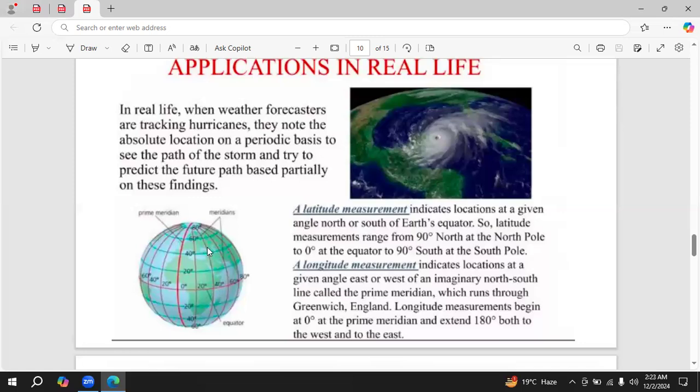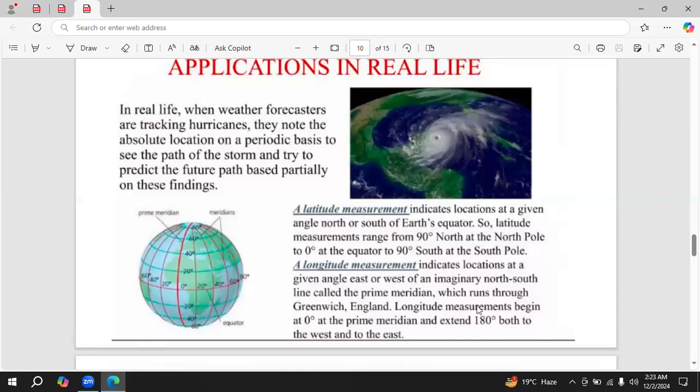According to the world map, the reference point is the location where Greenwich in England is located. At that point exactly you have 0, 0, and every value begins from there. Longitude measurements begin at 0 degrees at the prime meridian and extend 180 degrees both towards west and towards east.